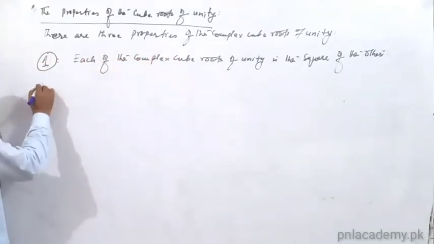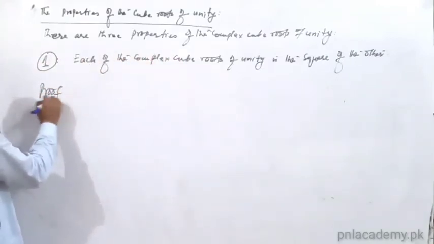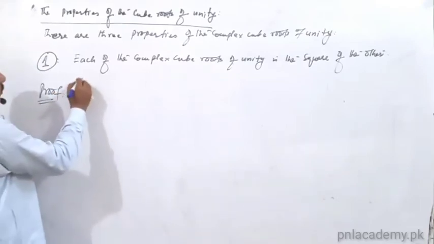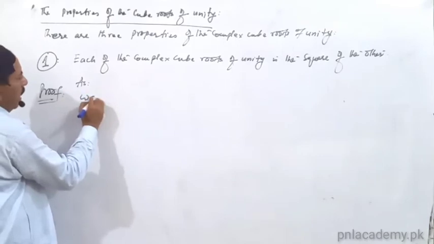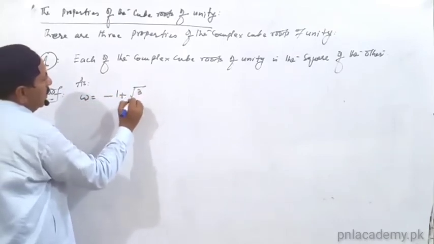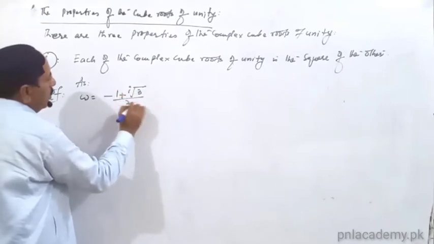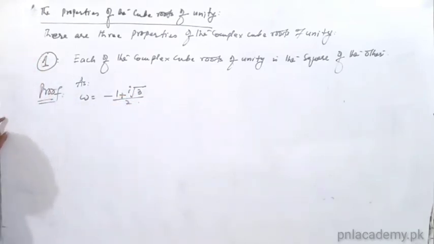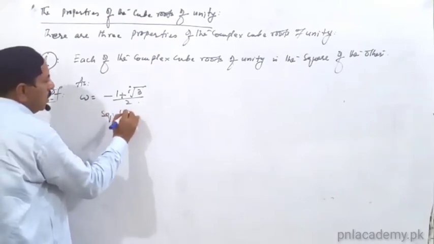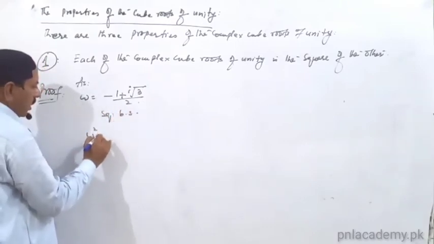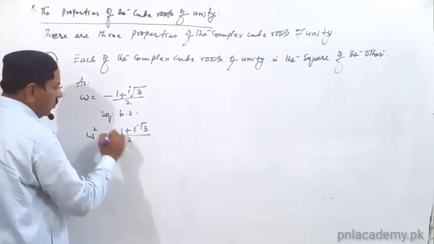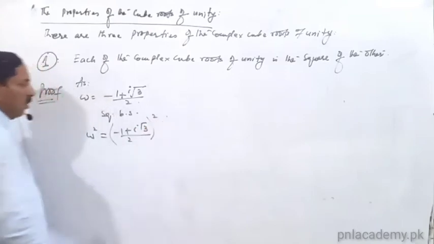Proof. As omega is equal to minus 1 plus iota radical 3 upon 2, squaring both sides, omega square is equal to minus 1 plus iota radical 3 upon 2 whole square.